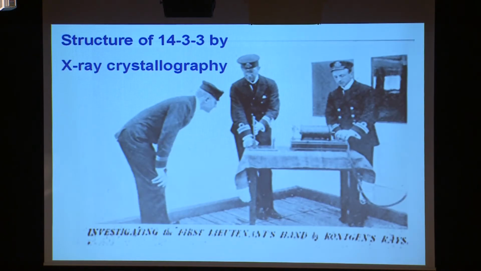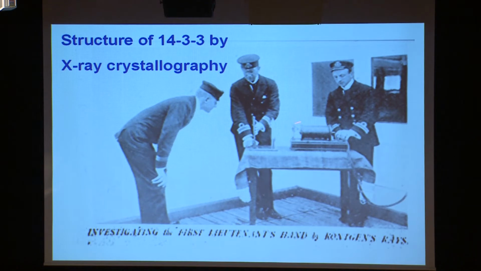One thing that's very important, of course, is to look at the structure of 14-3-3 and how these complexes form. In my previous institute in North London, we had very good facilities for doing X-ray crystallography, much better than these facilities, where the caption says, investigating the first in its hand by Röntgen rays, or X-rays.